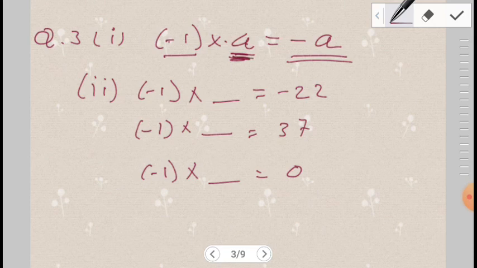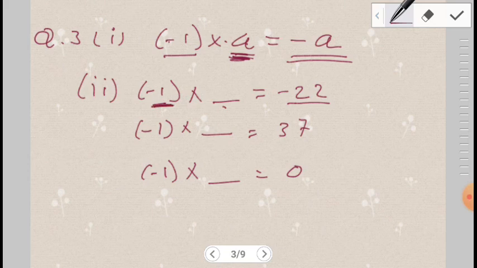In the second one, it says determine the integers whose product with minus 1 is. That means if I multiply minus 1 with any number, so I will get 22. That means what number will I get multiplied with the minus 1?